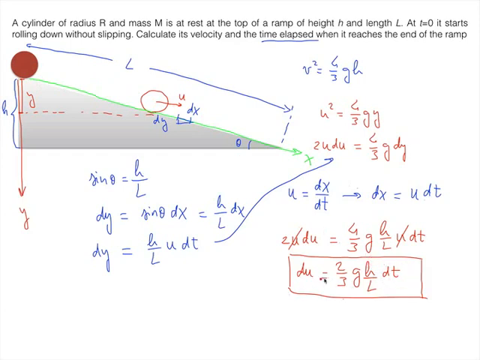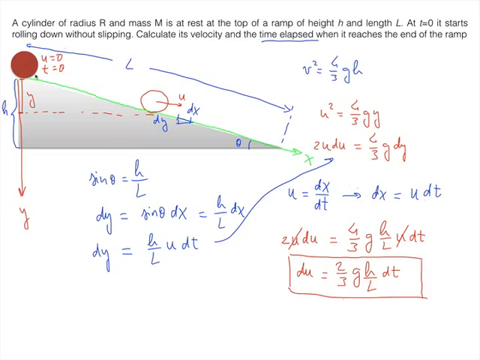This is a differential equation that is straightforward to integrate, and we can integrate it taking into account the initial conditions. Initial conditions are that the initial velocity is 0 and the initial time is 0.